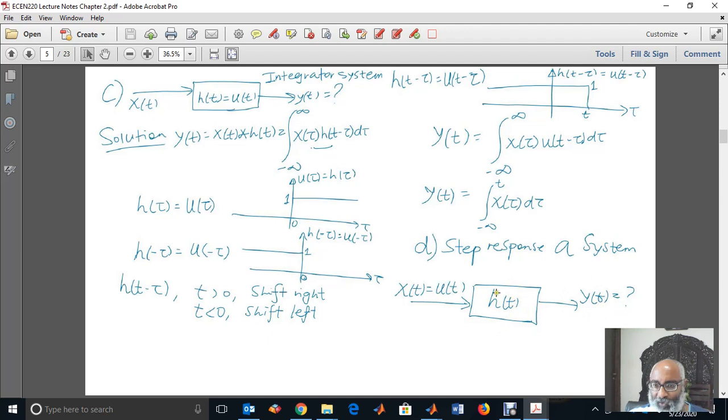So to get the impulse response, another way is you give a unit step input. By giving a unit step input, you will get the output y(t), which is the integration of the impulse response. Then the derivative of the integration of the impulse response will give me the impulse response, because the derivative will cancel the integration.